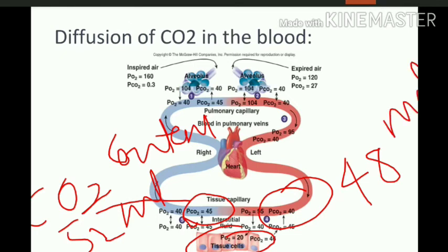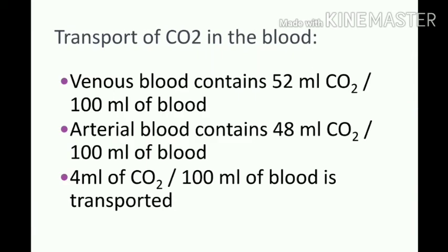So how much is the difference? Difference is 4 ml. Now this 4 ml of carbon dioxide is excreted per 100 ml of blood. So you can see here how much carbon dioxide is transported.